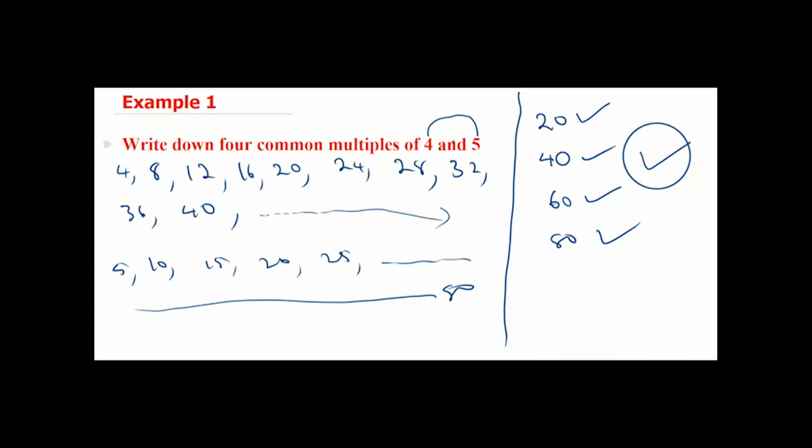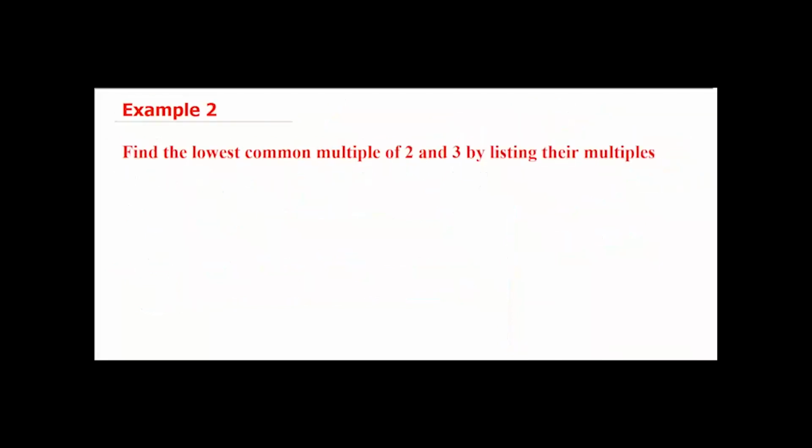If you multiply 4 by 5, the answer is 20. That is the first common multiple of 4 and 5. Then you count in 20s to get the remaining ones. So if you want to go by this method of listing their multiples, it will take a while before you get your answer. So let's go to example 2 here.